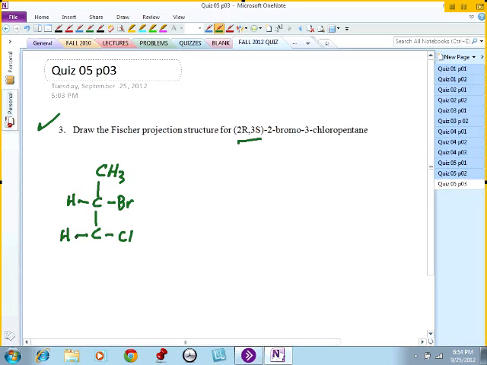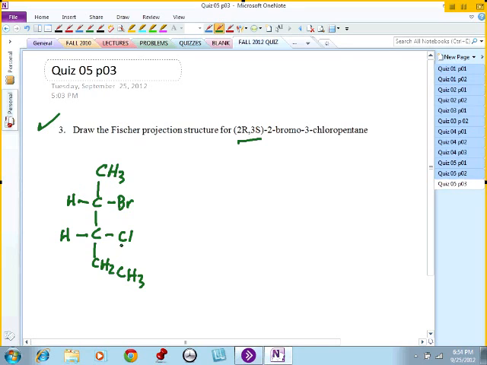And then what is left? CH2, CH3. Keep in mind, we do not worry about the stereochemistry of those carbons that are not chirality centers. So simply have CH2, CH3. Okay? That is 1, 2, 3, 4, 5. 5 carbon atoms, pentane. 2-bromo, 3-chloro.